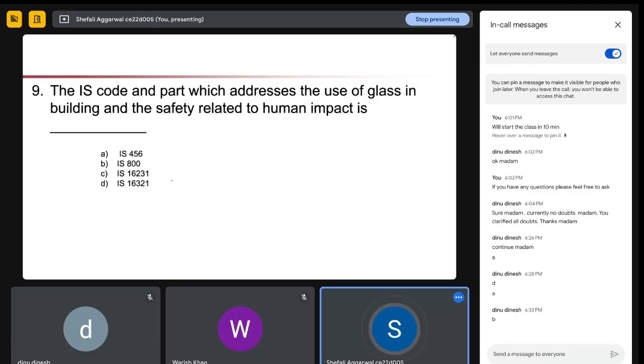Any idea? So you might not know about this. So mainly for glasses we have the IS code IS 16231.